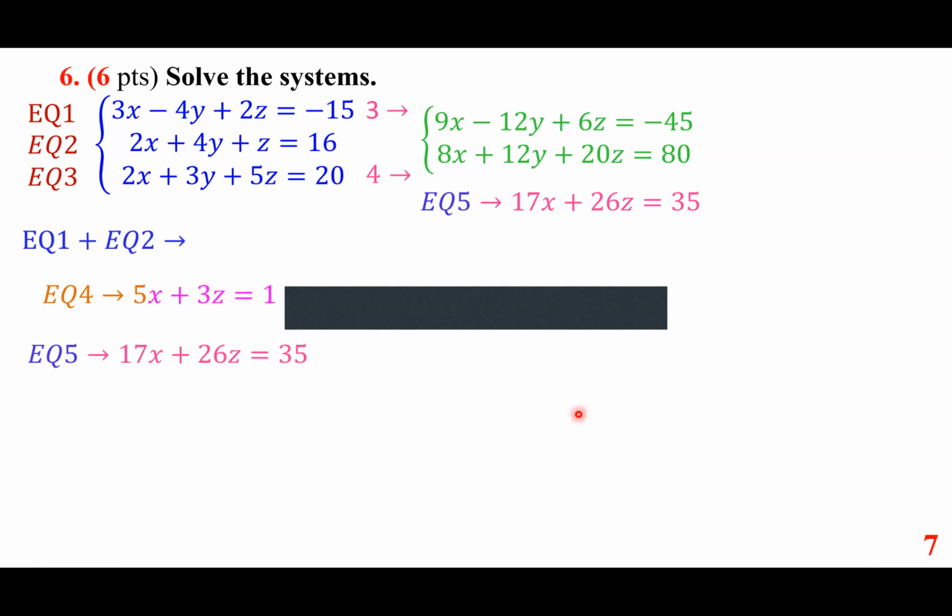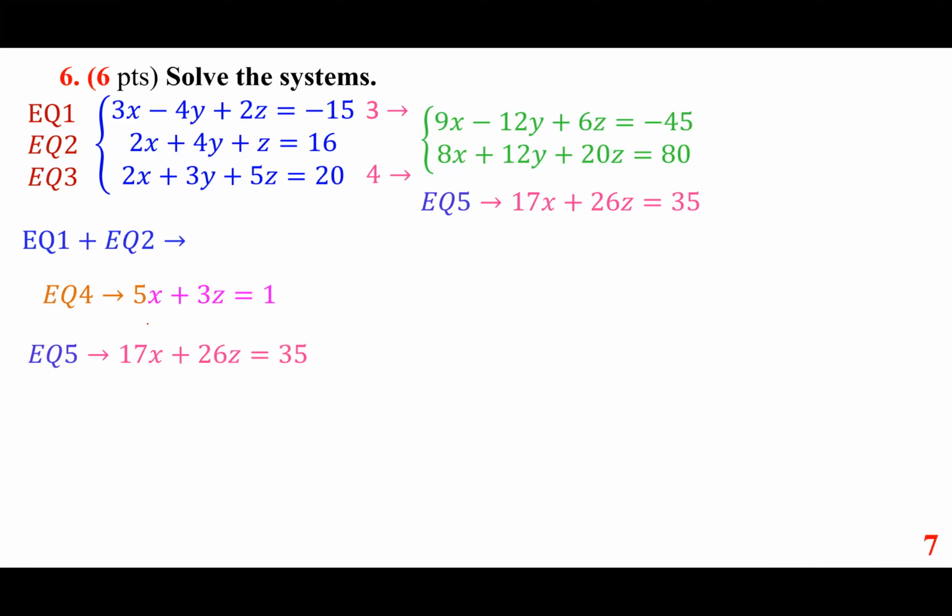So we can put the two equations next to each other, and we can get rid of a variable of choice. For example, if I want to get rid of x, I multiply this one by 17, this one by 5, one of them negative. If I want to get rid of the z, this one by 26, this one by 3, one of them negative. So let's do that. We multiply this one by 17, we get 85x plus 51z equals 17, and this one minus 85x minus 130z equals minus 175.